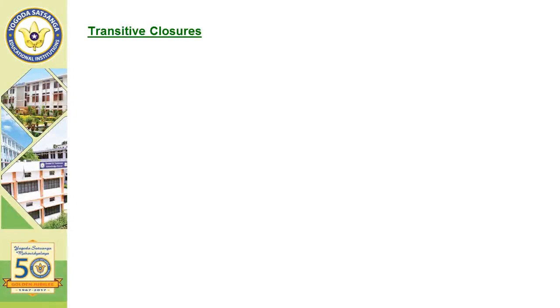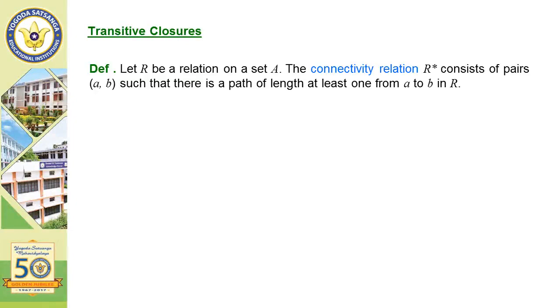Transitive closure. Its definition is: let R be a relation on a set. The connectivity relation R star consists of pairs (A, B) such that there is a path of length at least one from A to B in R. Transitive closure holds the transitive property.